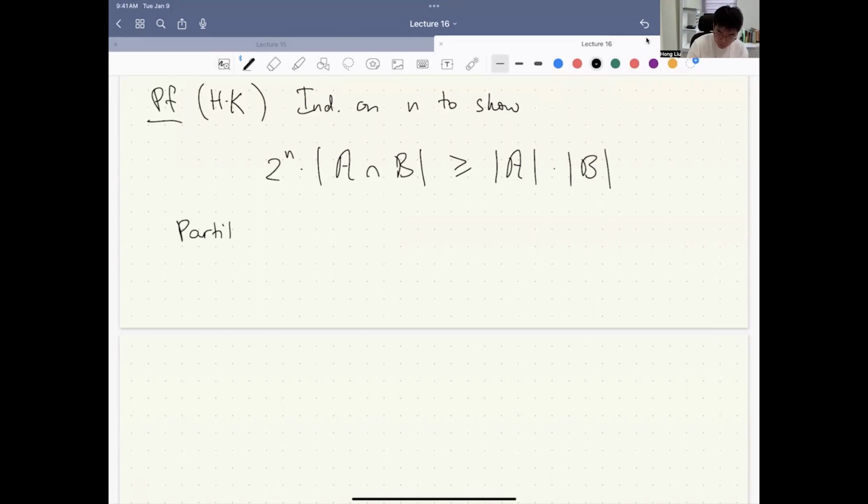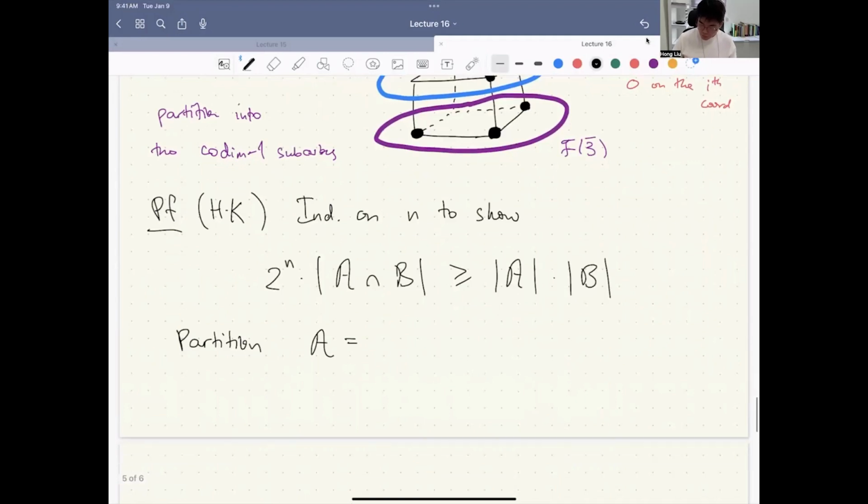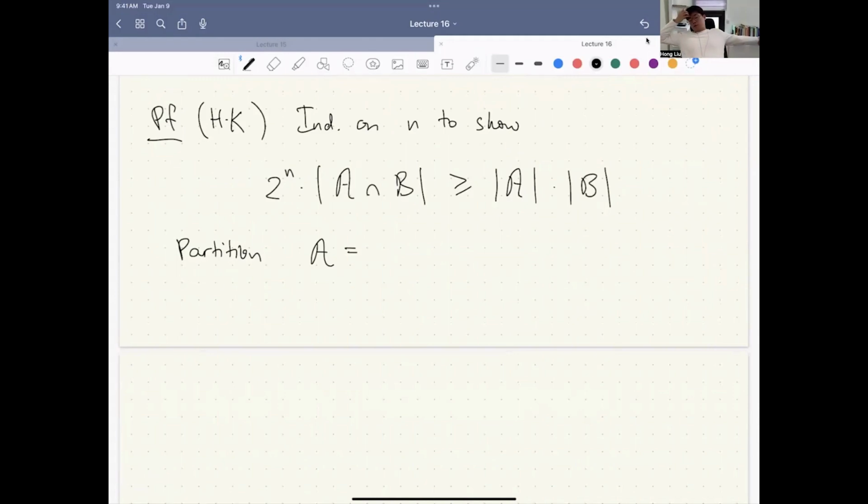So partition A into two parts: those containing element n and those not containing element n.